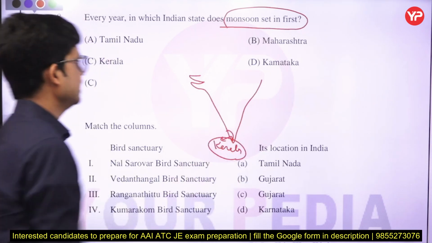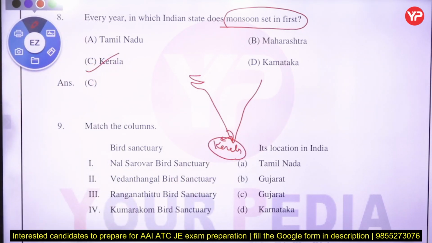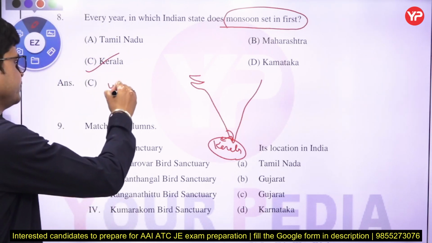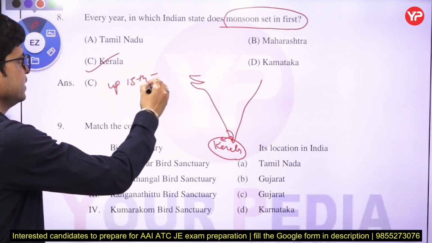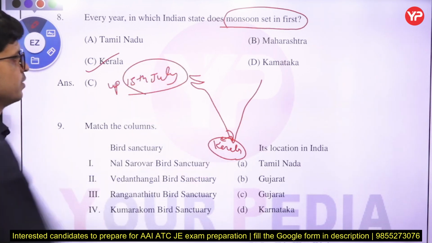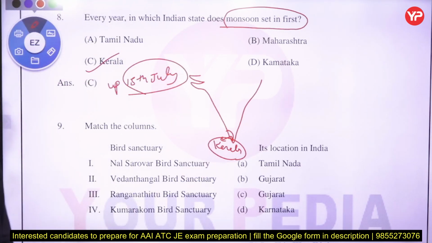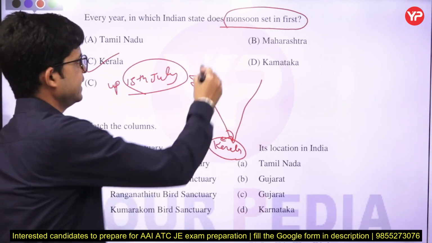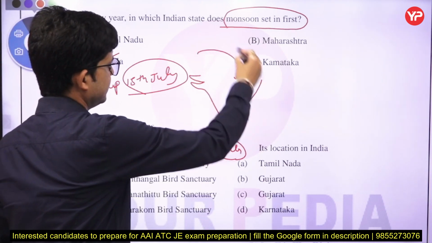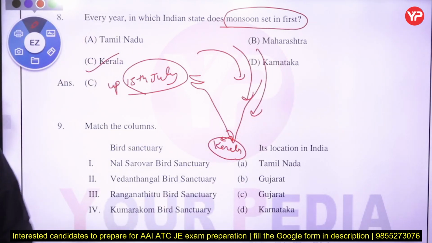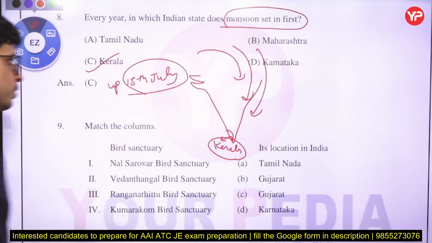So in Kerala we see the first rain in India, and up to 15th July approximately the monsoon spreads all over India. After that, a question arises about the retreating of the monsoon during the winter season. We will do it further.